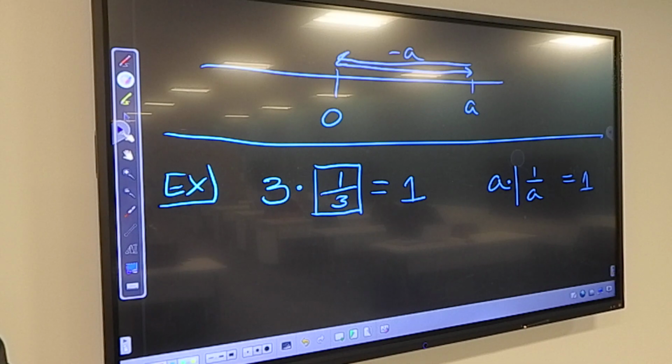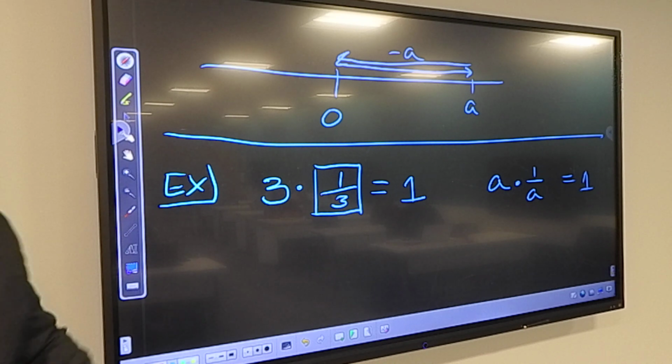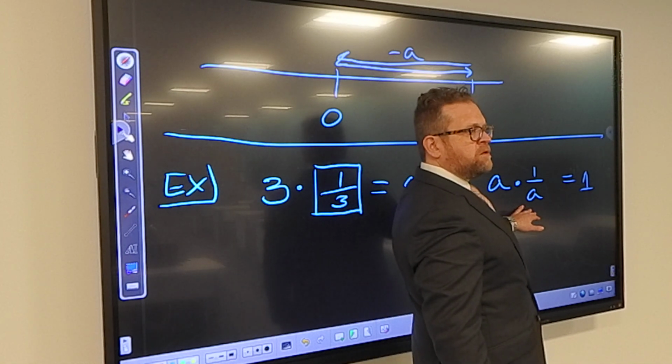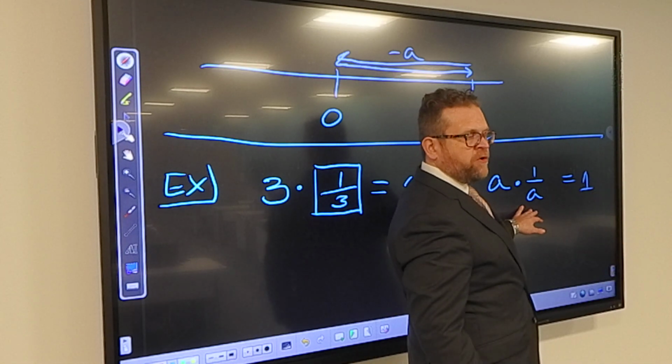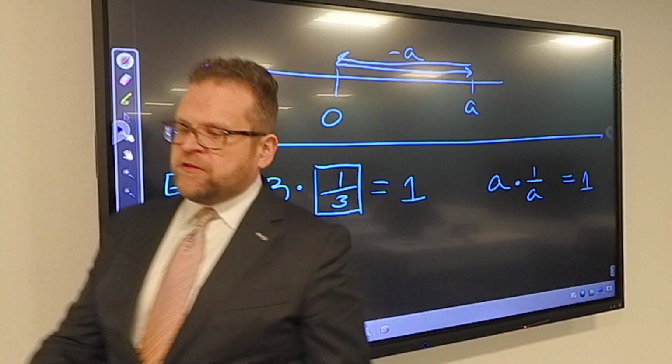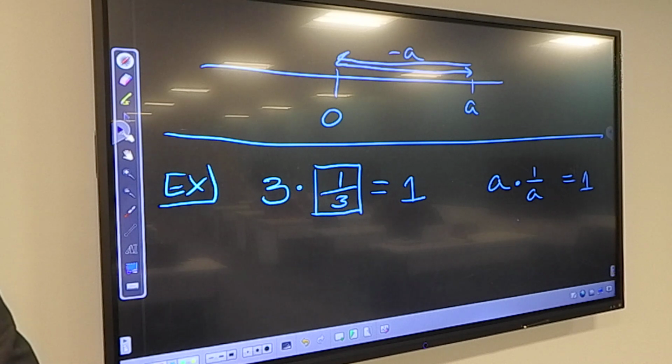Is this always true? Can I say that this holds for any a under the sun? No. What's the a that's not going to work? 0. A has got to be different from 0.